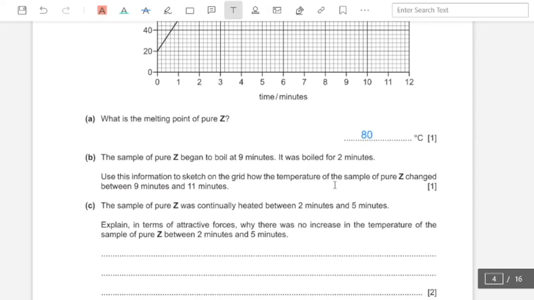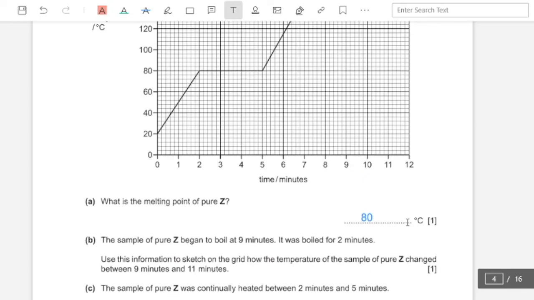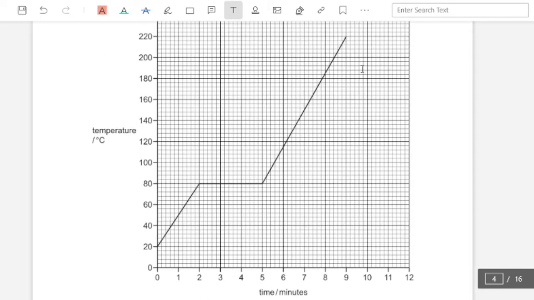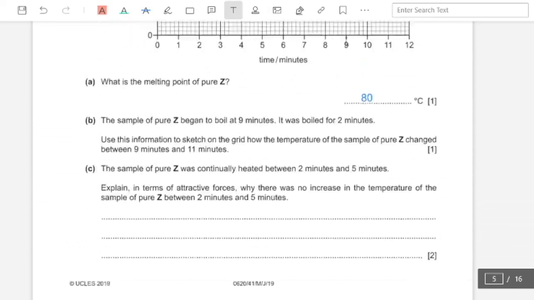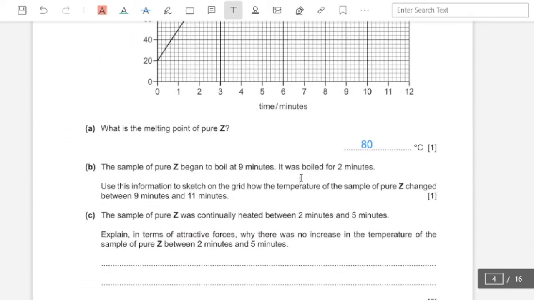Alright, B. The sample of pure Z began to boil at 9 minutes. So 9 minutes is when the graph has no longer continued. It was boiled for 2 minutes. Use this information to sketch on the grid how the temperature of the sample of pure Z changed between 9 and 11 minutes.